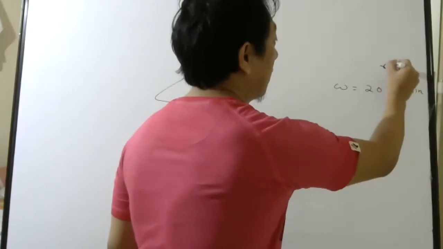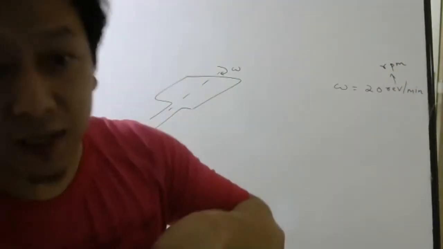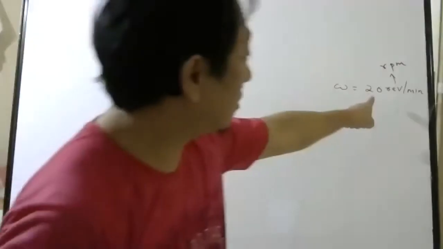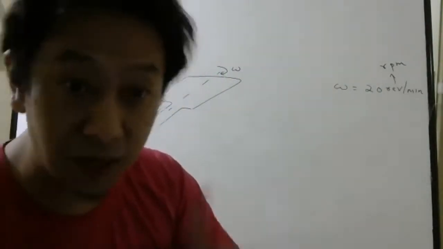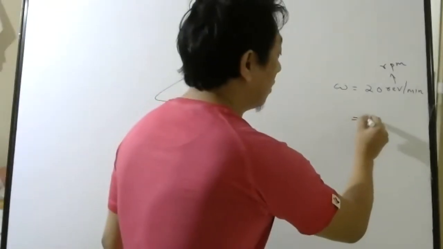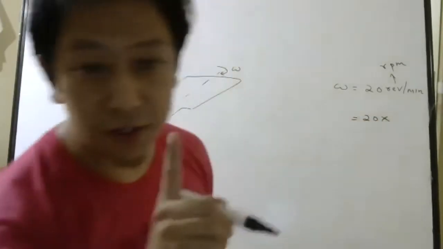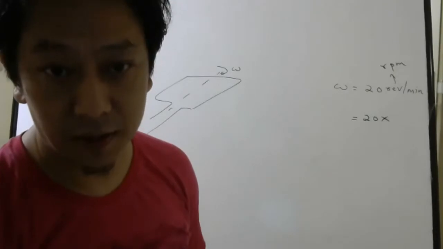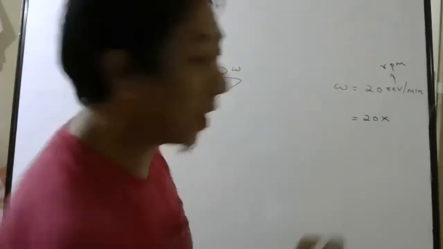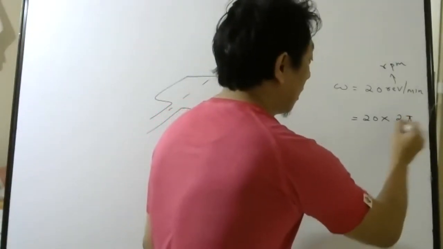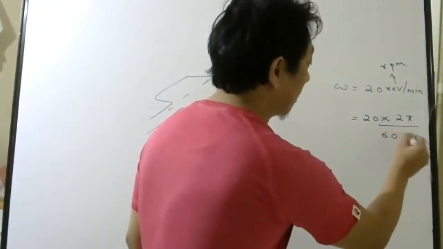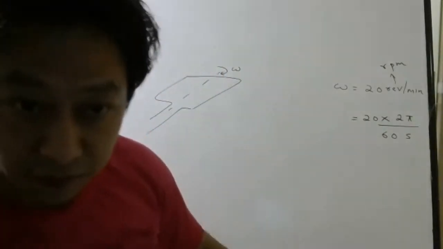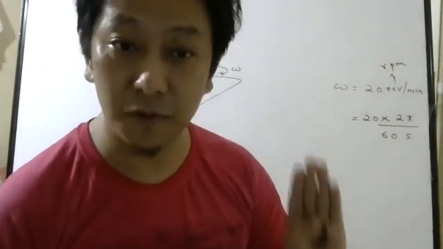RPM it is called sometimes. In a numerical, while substituting, should I use this number or convert into SI units? I should convert into SI units. How will I do it? One revolution means 2 pi radians, and per minute you have to write 60 seconds. So like this you convert and then you can use it in the formula.